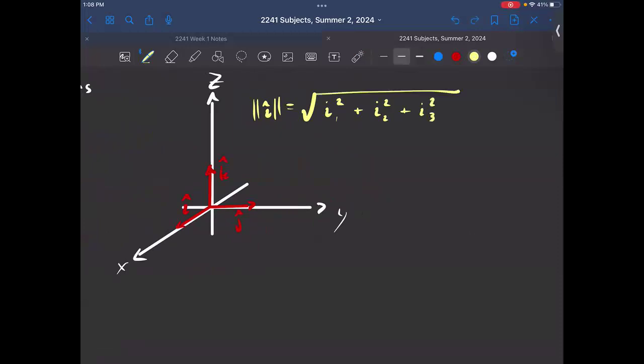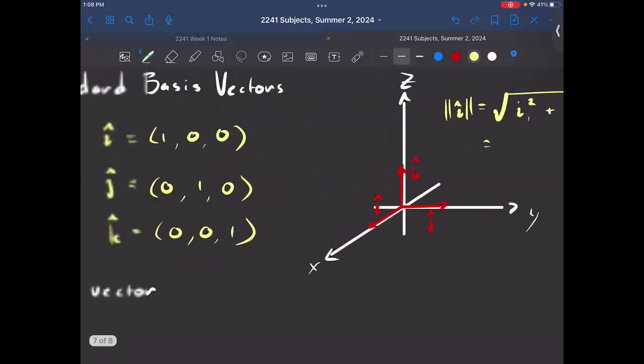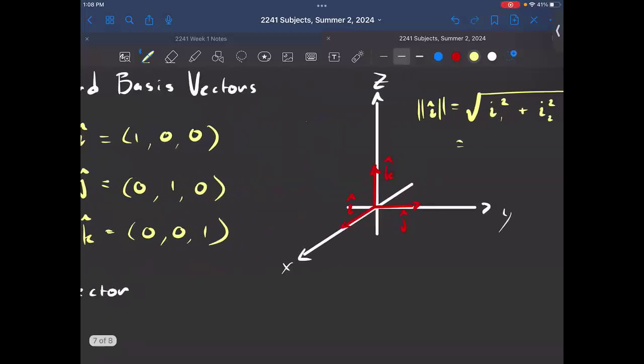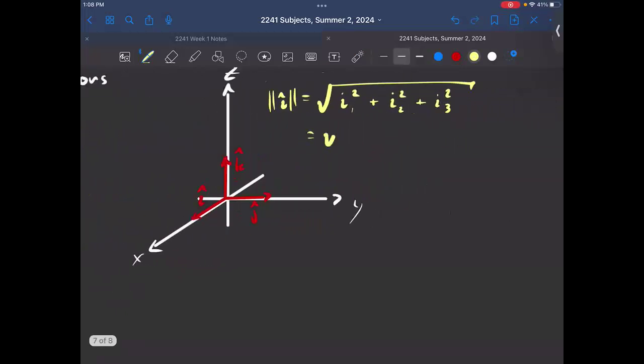But if I come back over here and look at i, its definition says that's the square root of 1 squared plus 0 squared plus 0 squared. Well, pretty clear that that's going to end up being 1. Okay, so these guys have length 1.